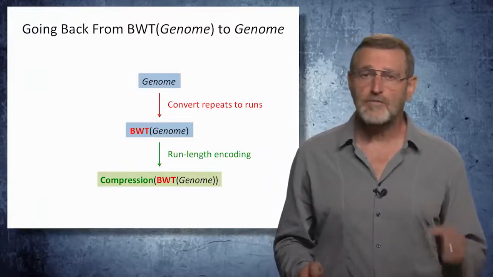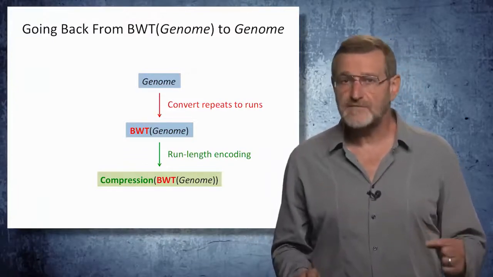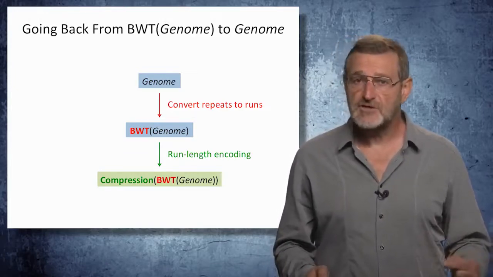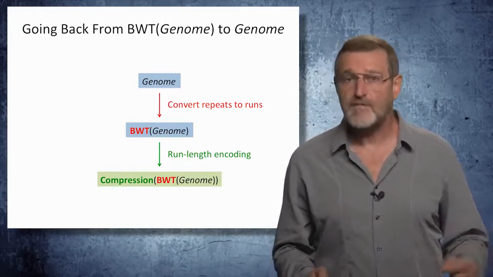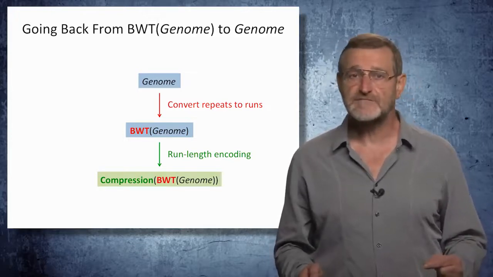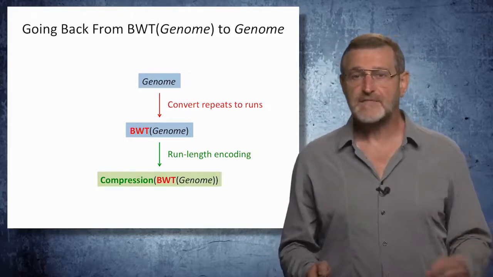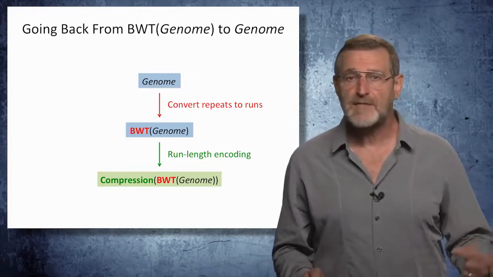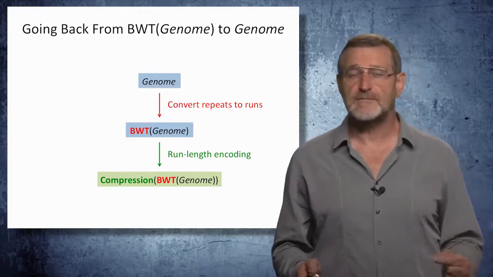So our goal now is to start from the genome, apply the Burrows-Wheeler transform to the genome, and we can now hopefully compress the Burrows-Wheeler transform of the genome. And after applying this compression, we will greatly reduce memory for storing our genome.